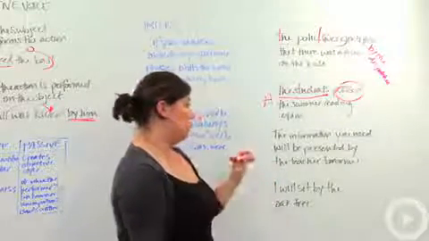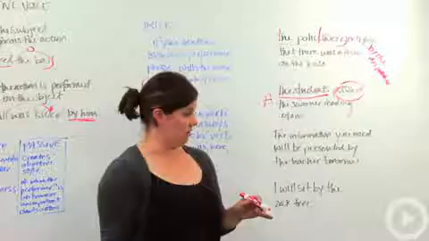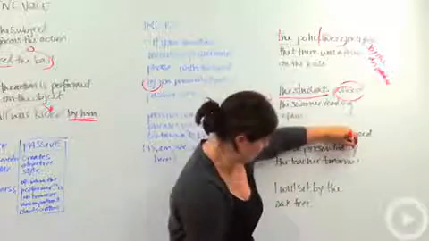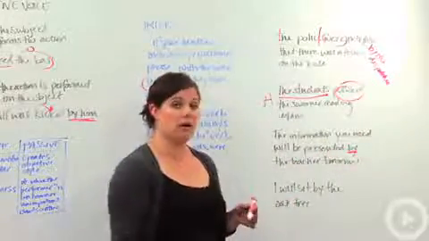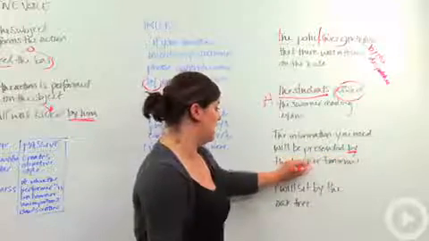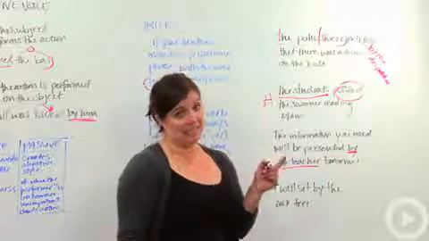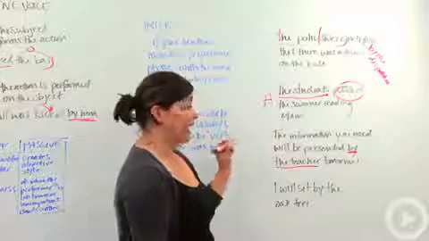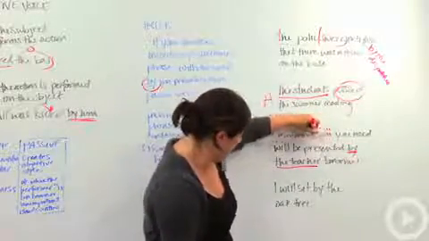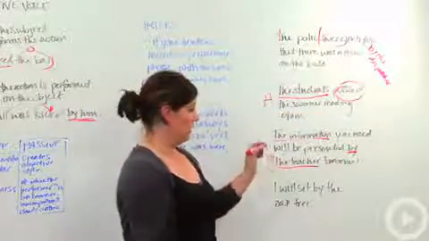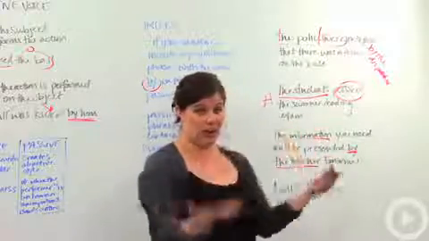All right. The information you need will be presented by the teacher tomorrow. All right, we've got a big indicator here that we're in passive voice. Remember we said the prepositional phrase that starts with the word by and is followed by an object is an indication that we might be in passive voice. And here we are, because if we go to the subject, the information, it's not doing anything. There's no action there.